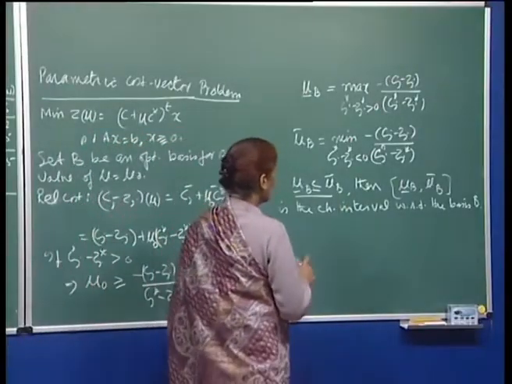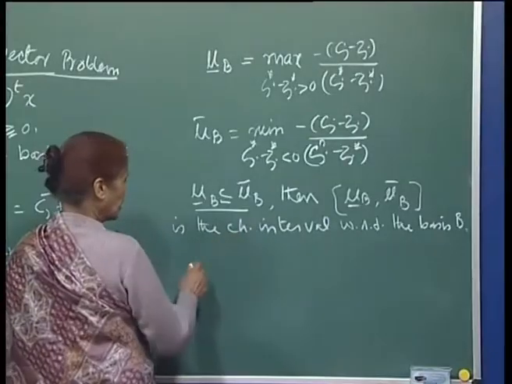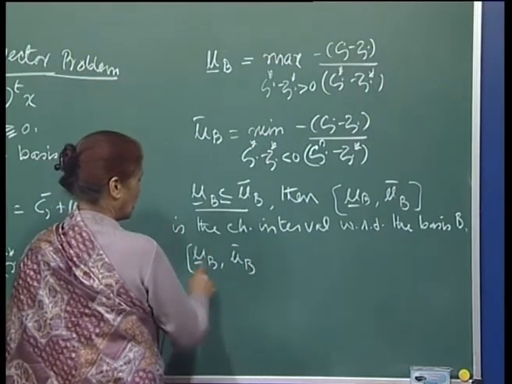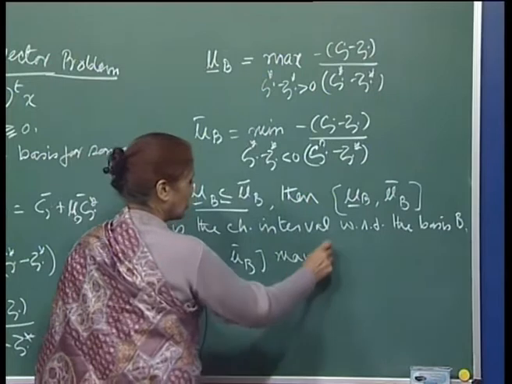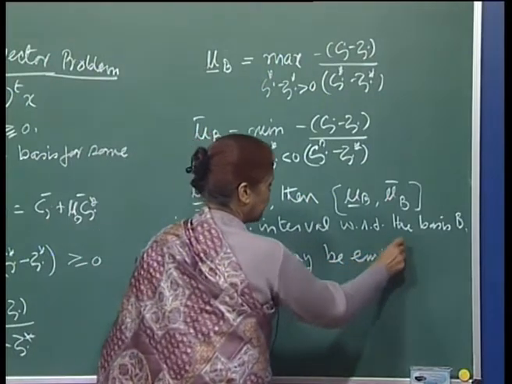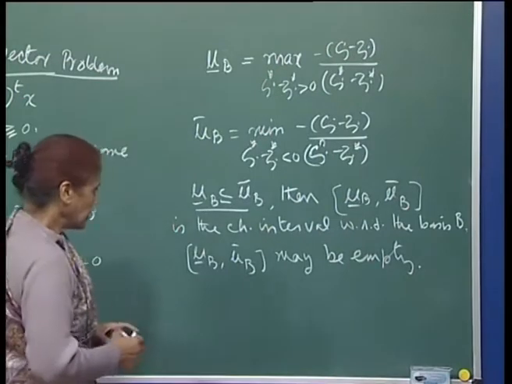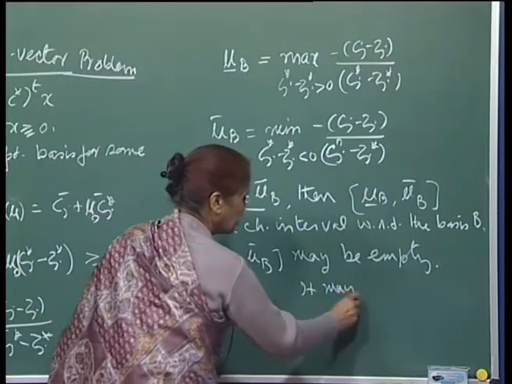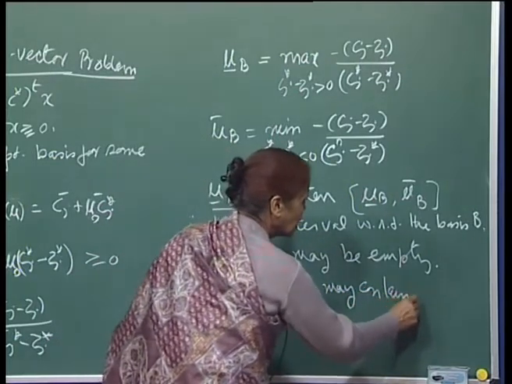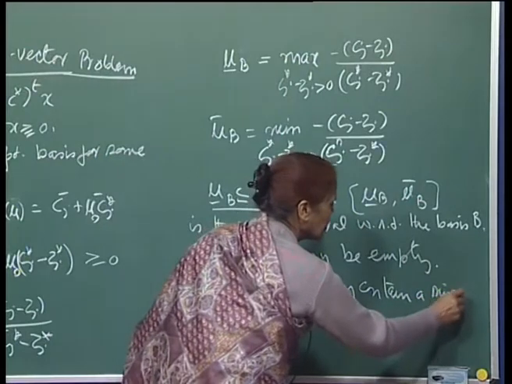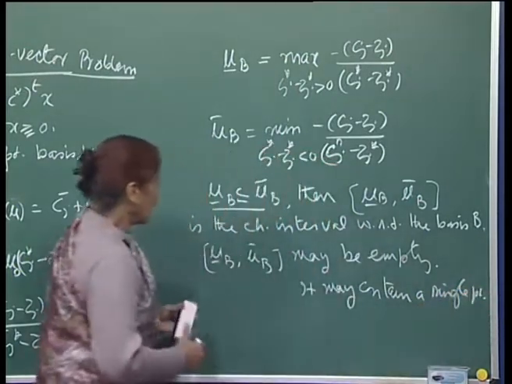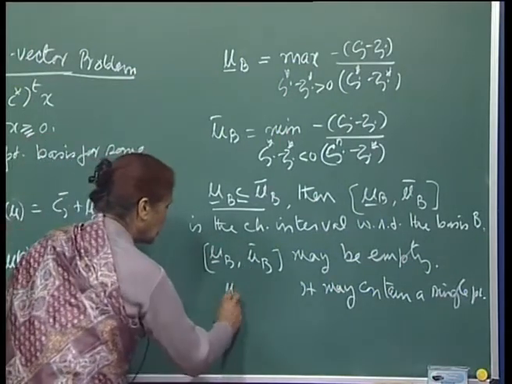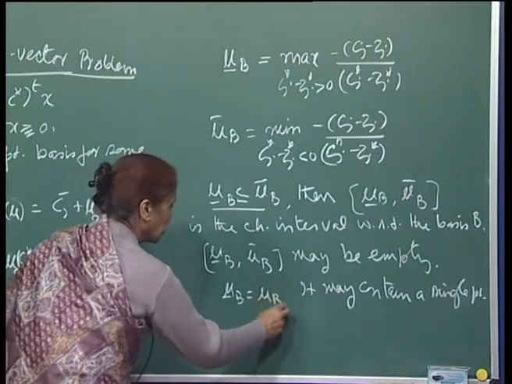So that is one thing, and secondly, this is the interval. Now we are saying that this may be empty, or it may contain a single point, which means that the lower bar is equal to the upper bar, right.